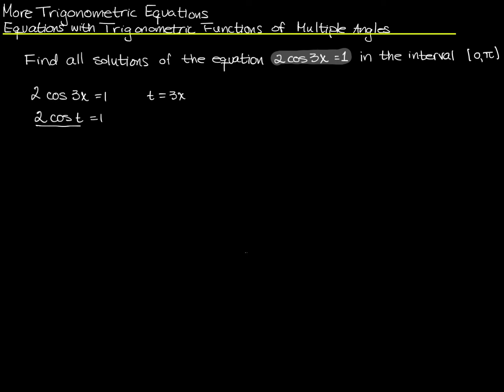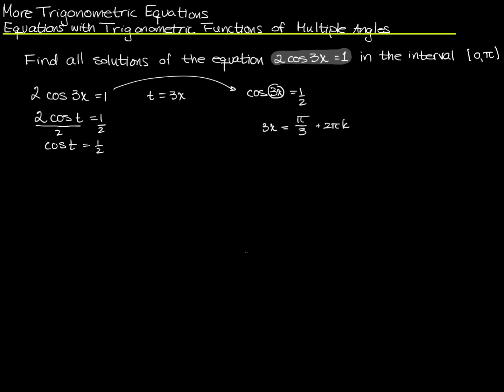Divide both sides by 2 and I'll get cosine of t equals 1/2. You could just have said cosine of 3x equals 1/2, and therefore the angle 3x must be pi over 3 plus 2 pi k. You could have done it that way, and that's absolutely fine.